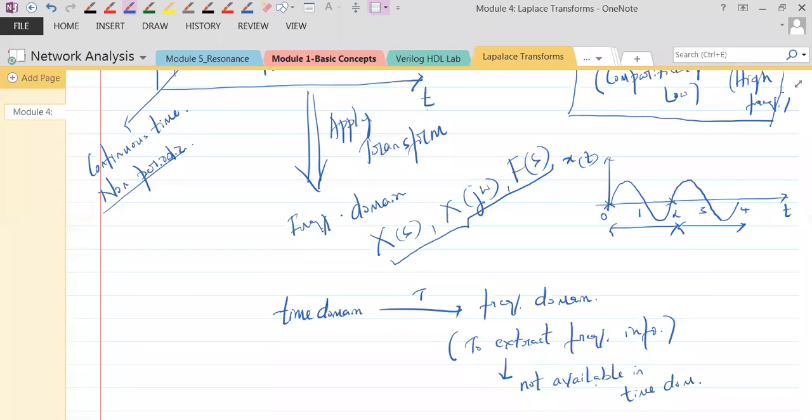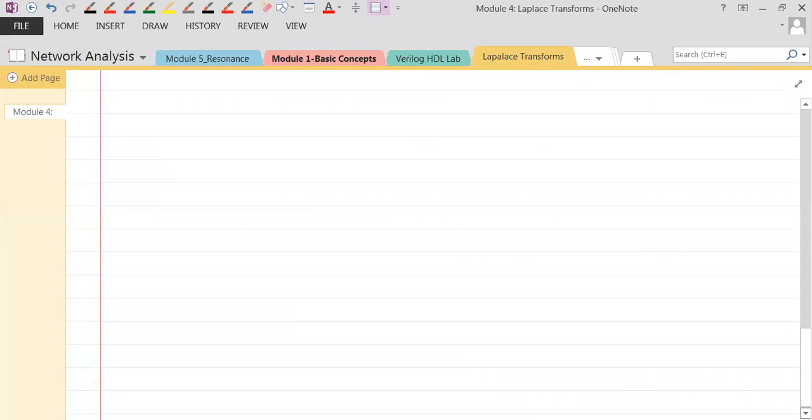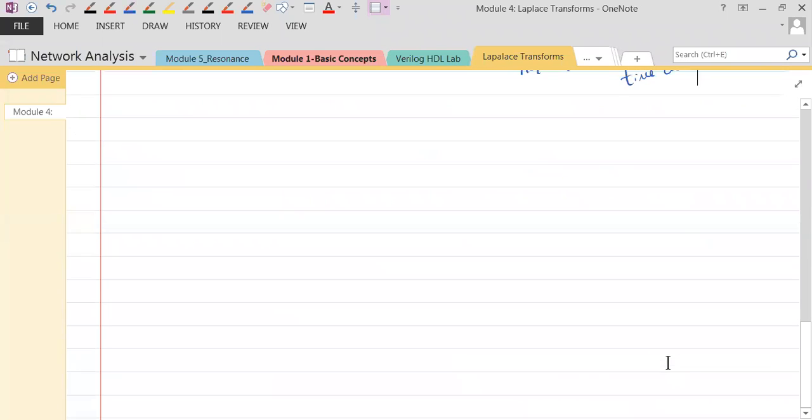Now, in particular, the transform that we are considering, the transform that is there in your syllabus, is the Laplace transform. So everybody just take this. I've told you Laplace transforms are applicable for what?